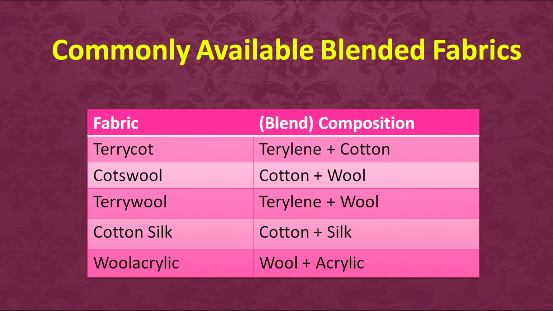Cotswool is cotton and wool, ma'am. Cotton silk is cotton and silk. Wool acrylic is wool plus acrylic. So these are some of the examples of blends, and there are many more in the market, ma'am, as the technology is evolving day by day. Exactly. There is no dearth of options in the market. There are many more, but these are the commonly used blends.